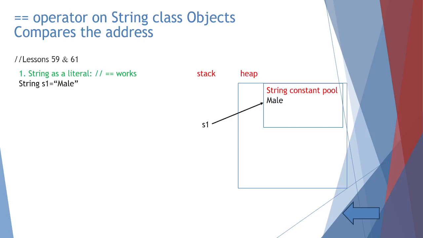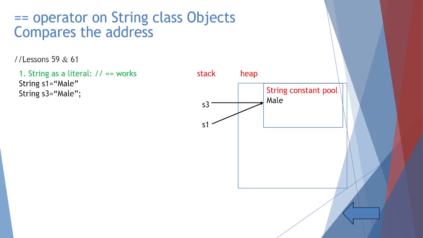String S1 is equal to "male". In the stack, S1 is created and "male" is stored in the heap area, that is, the string constant pool, which we know already. String S3 is also "male". Immediately the stack will have S3, but it also points at "male", which is already stored in the string constant pool.